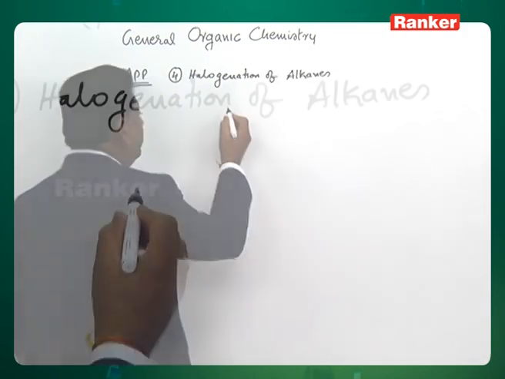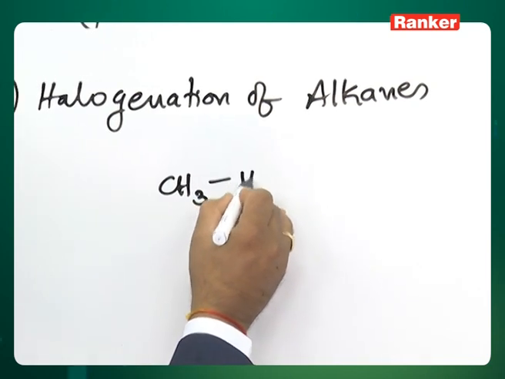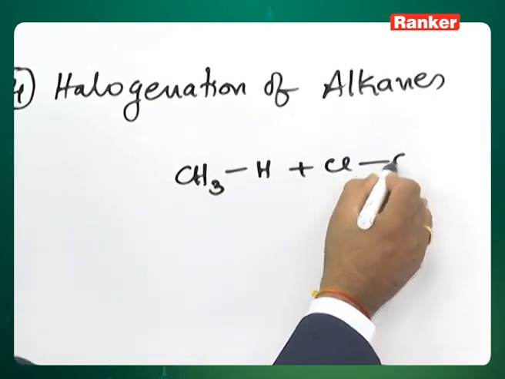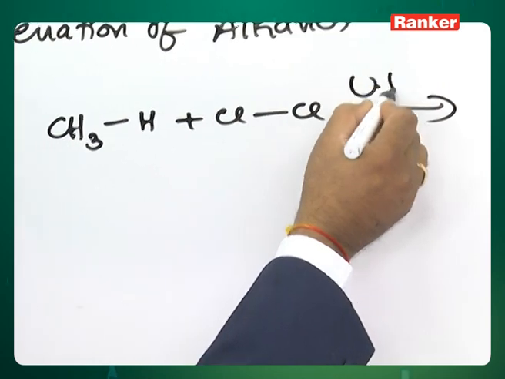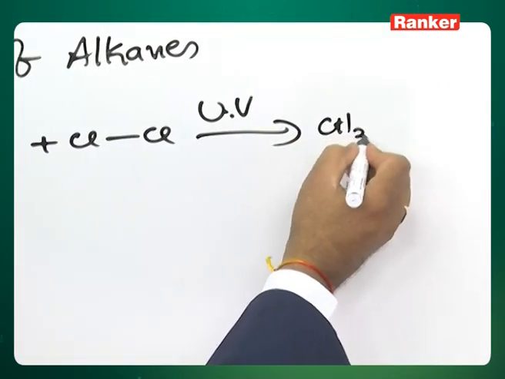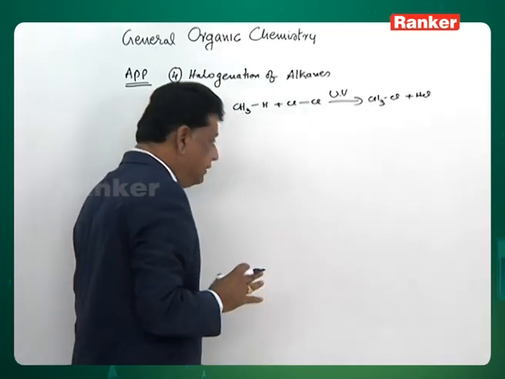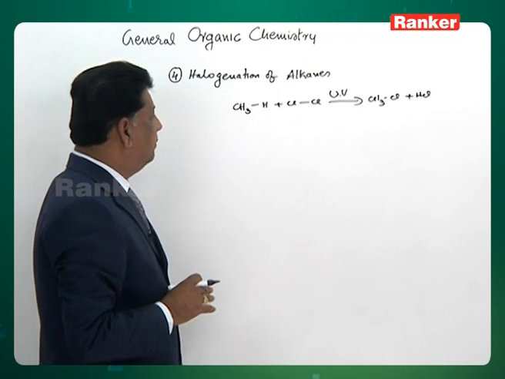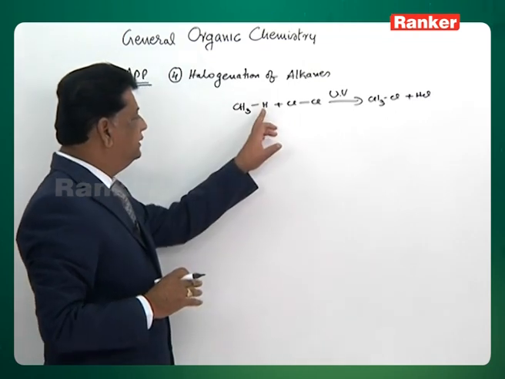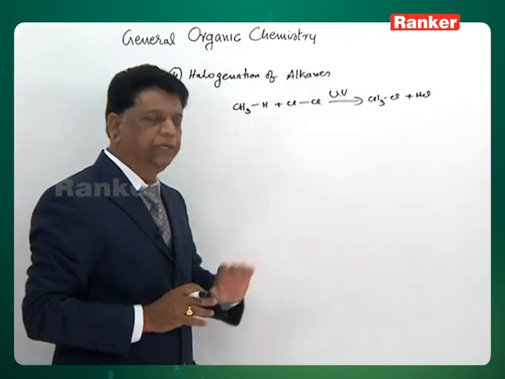Let us see. Fundamentally, the reaction is methane treated with chlorine gas in presence of UV light or heating at 250 degrees, and you will get methyl chloride plus HCl. This is the basic skeleton reaction of alkane halogenation, in which one hydrogen is replaced by chlorine, therefore it is substitution.